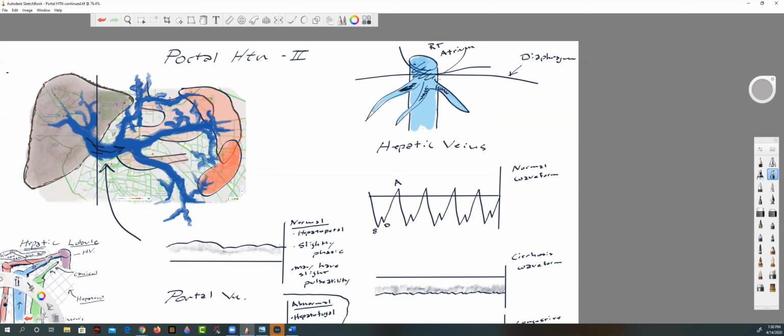Remember, this is right up near the heart. That is Budd Chiari, when those vessels are blocked.